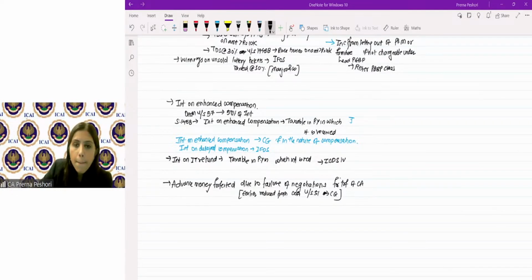What is the effect of employee's contribution to PF? Yes, students. What is the implication of employee's contribution to PF?